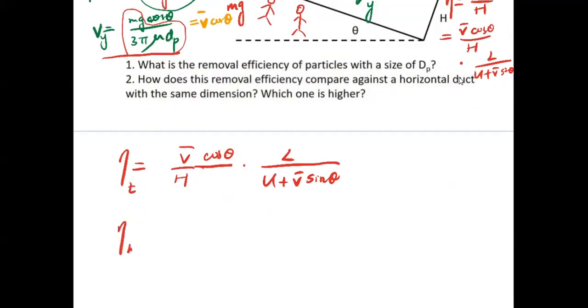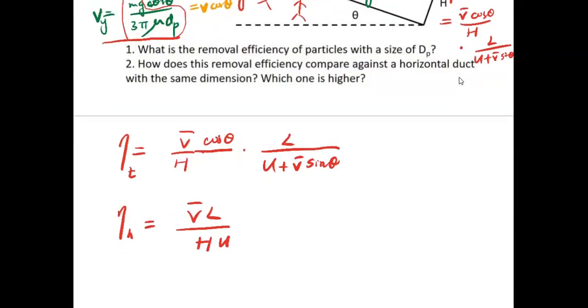We know that eta horizontal is quite simplified. That's just v bar L divided by hu. Now let's compare these two efficiencies. For the tilted duct, you see in the denominator we have one more term. So the denominator becomes larger, and that is going to make the tilted efficiency go lower.